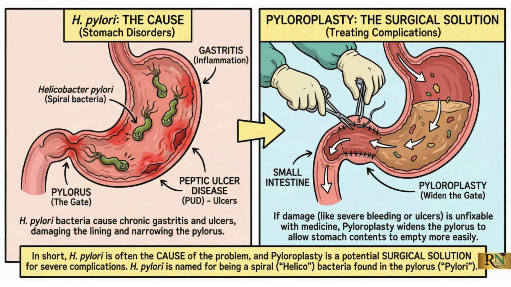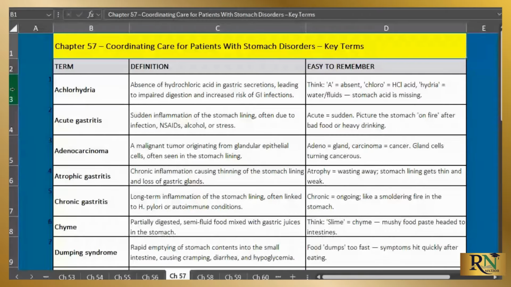Helico means spiral, referring to its shape. Pylori means the pylorus, because this bacterium typically lives in the mucous lining of the stomach, often near the pylorus. So the name literally describes a spiral bacterium found in the pylorus, and the solution is a surgery that treats this complication.